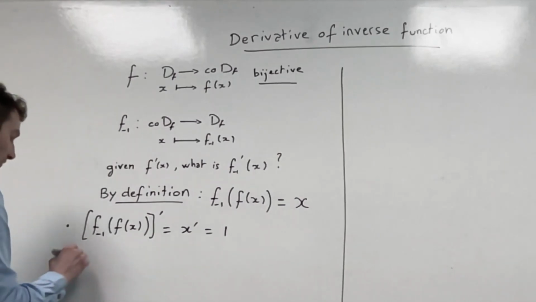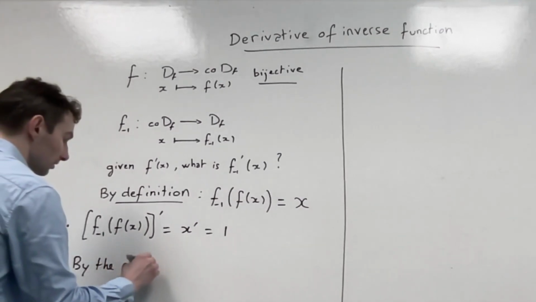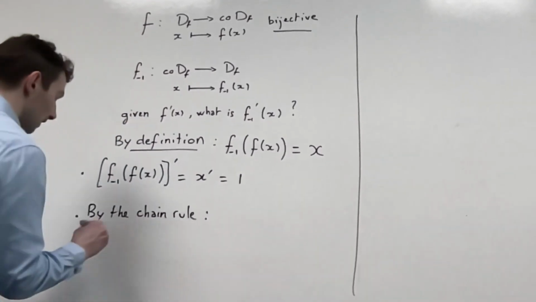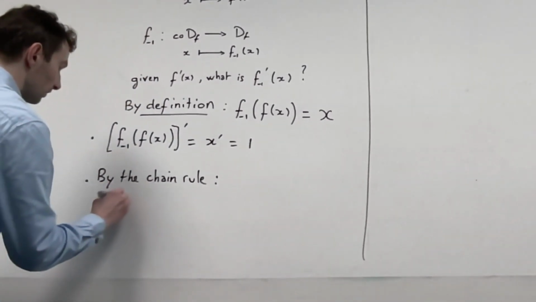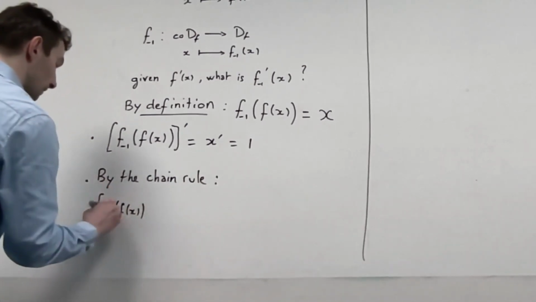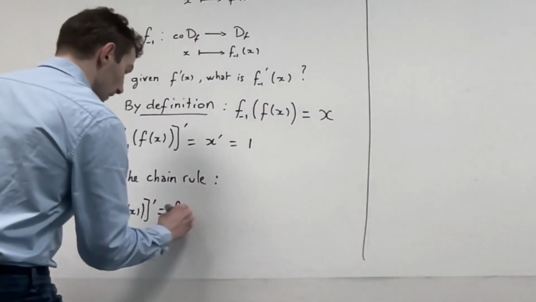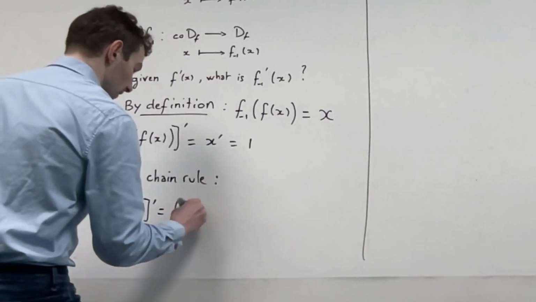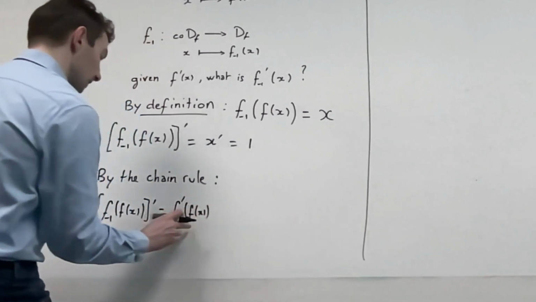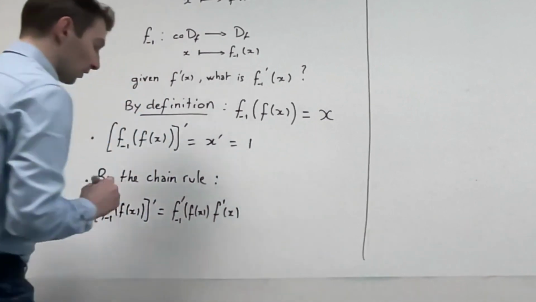But then we also have, by the chain rule, the following: the derivative of f -1 of f of x is equal to f -1 prime of f of x, times f prime of x.